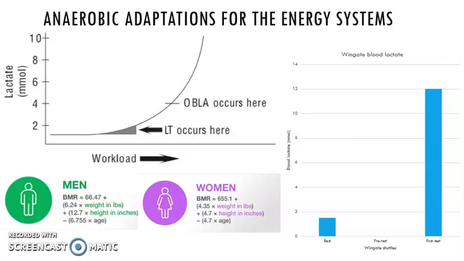The graph on the right shows an OBLA graph, which is the onset of blood lactate accumulation graph. This graph shows us at what point the athlete begins to build up lactic acid. An anaerobic athlete is likely to train to try and delay the point at which the lactate begins to build up.